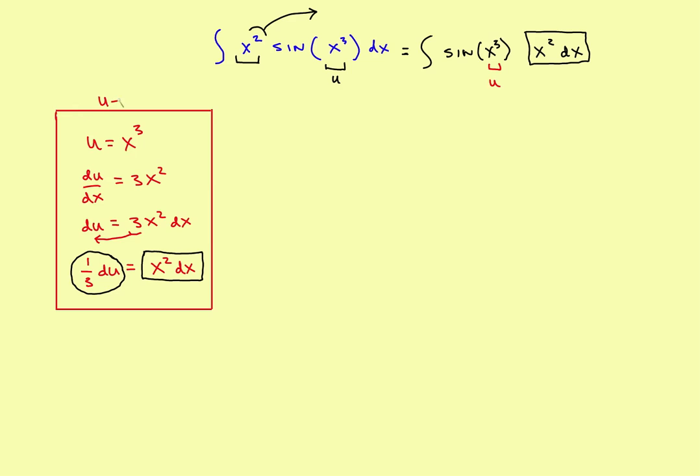So there is the U-substitution. Now when I plug that back in, here's what I'll get. This will turn into the integral of the sine of u, and I'll replace x squared dx with 1/3 du.